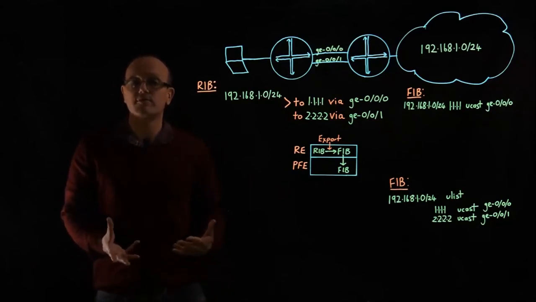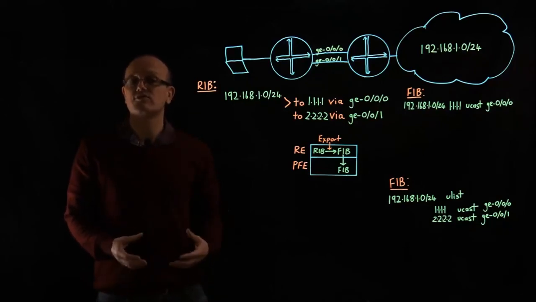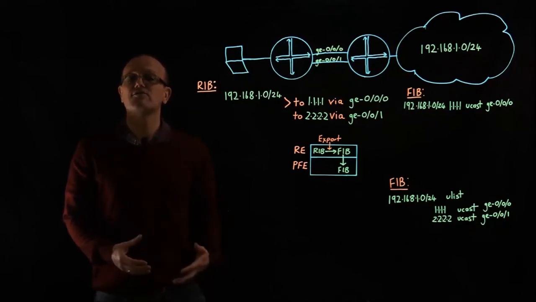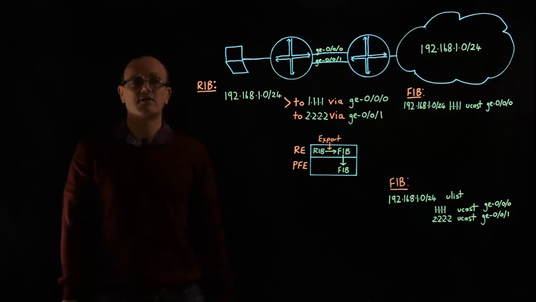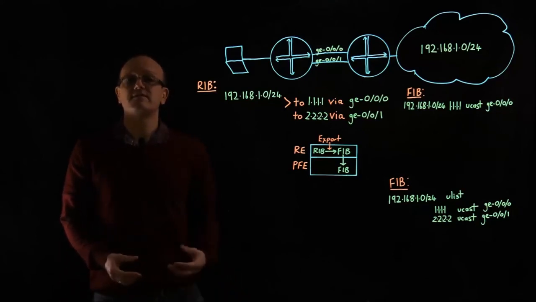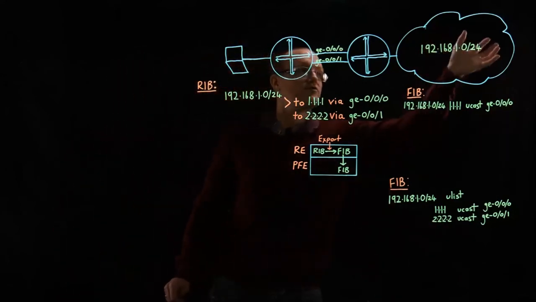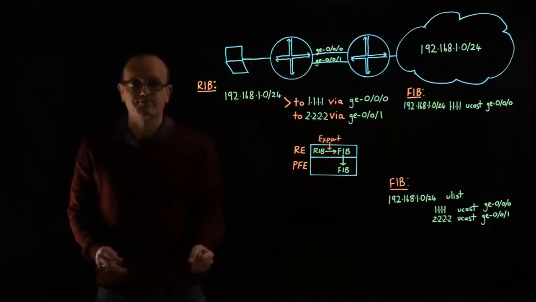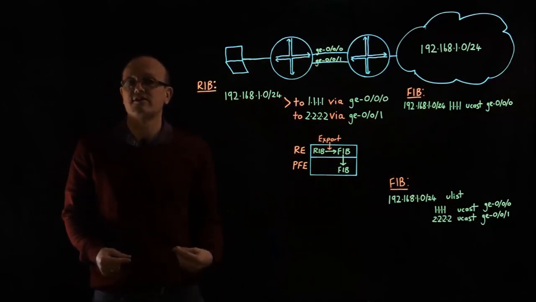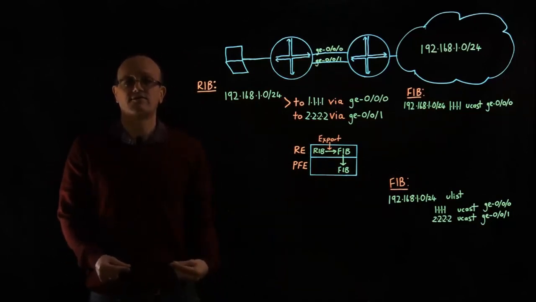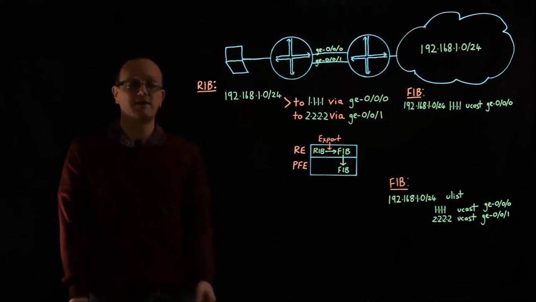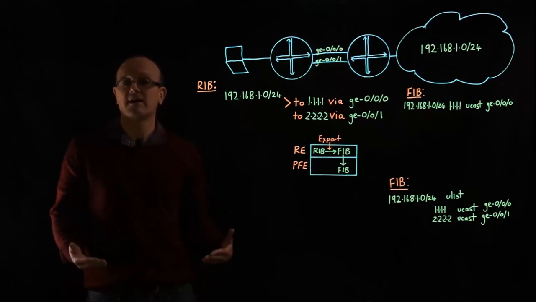So, for example, this could be things like source and destination IP address, source and destination layer 4 port, and layer 4 protocol. So say if this was a TCP session running from this host to a host on this destination network, we'd use the source and destination IP address, source and destination port, and the fact that it's TCP to identify that all of these packets belong to a common flow.